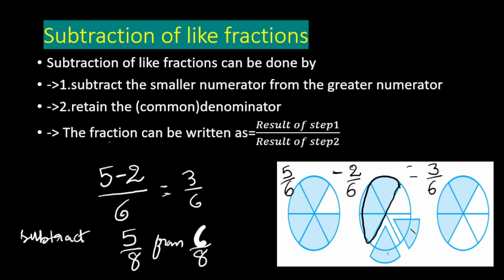So here we need to write 6 minus 5. We need to subtract the smaller numerator from the greater numerator and retain the same common denominator. And here it becomes 1 by 8.